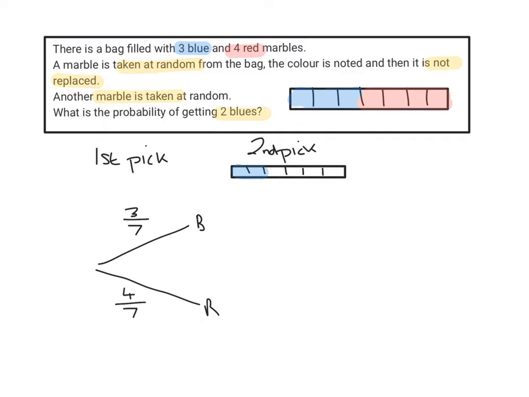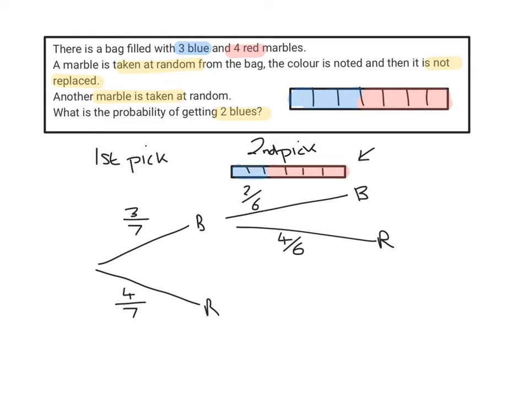There's still the same amount of red, so there's still 4 red. That's going to change my probabilities. So for the second pick, blue or red, I now have to look at this bar. Blue would be 2 out of 6 this time, because there's only 6 left, and red would be 4 out of 6.